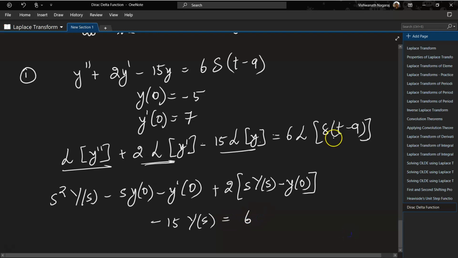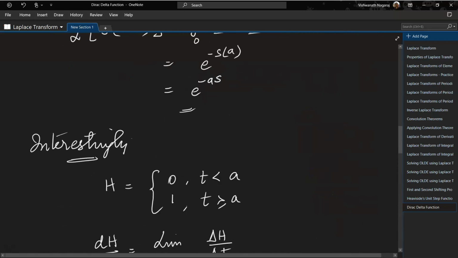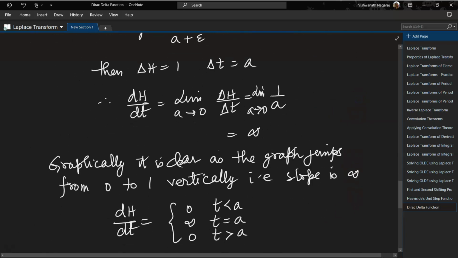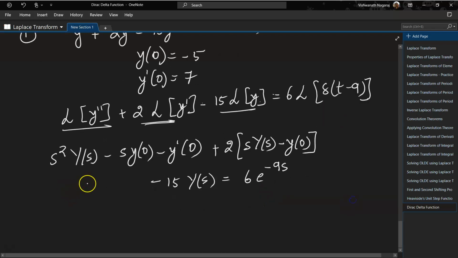Now Laplace of this is what? Just now we looked at it; this is e to the power of minus a s. So e to the power of minus a s, with a equal to 9, is e to the power of minus 9s.